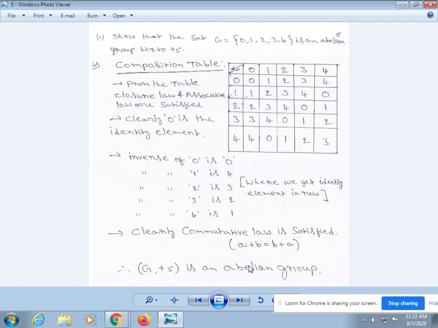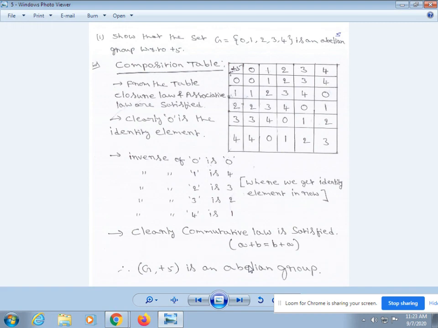From the composition table, 1, 2, 3 are any three elements in the given set. That means (1 +5 2) +5 3 equals 1 +5 (2 +5 3), which are equal. Then in this composition table, associative law is also satisfied.